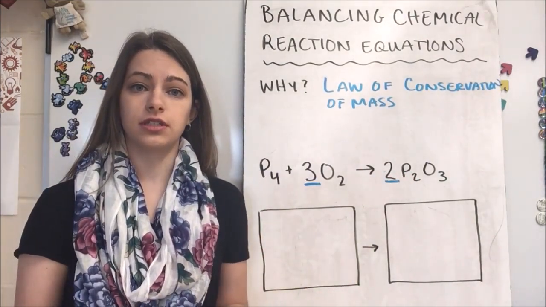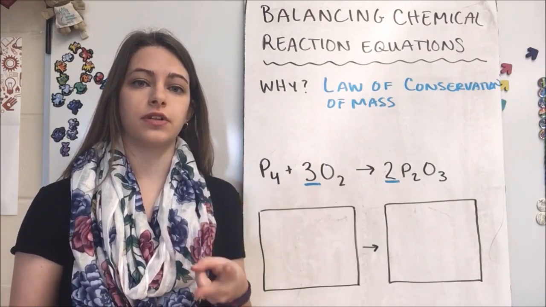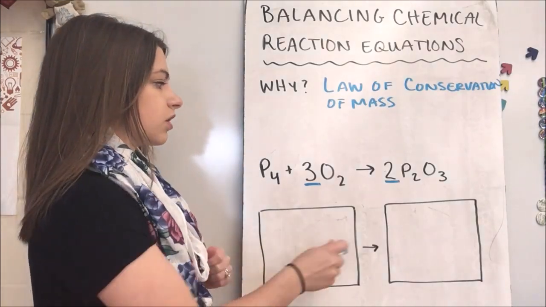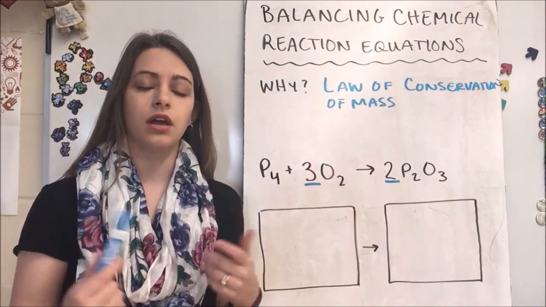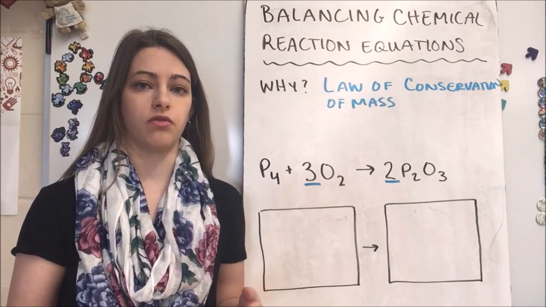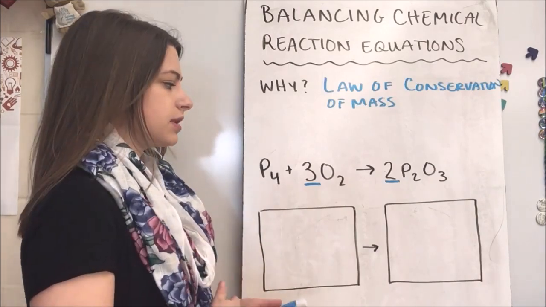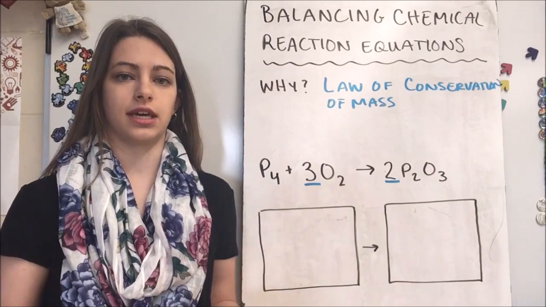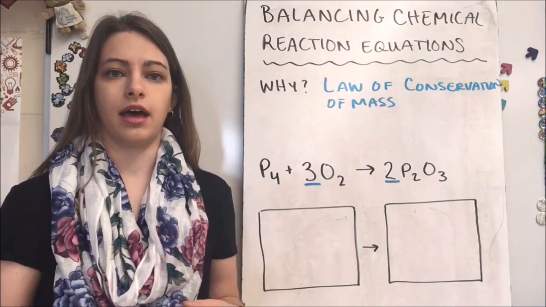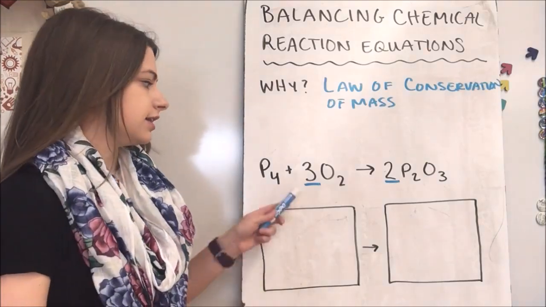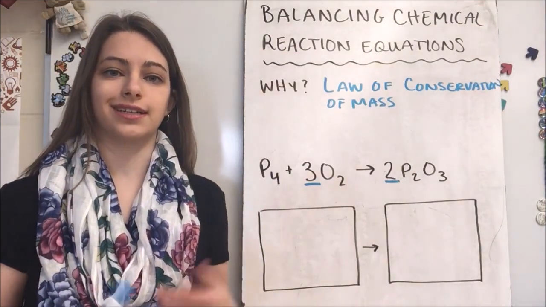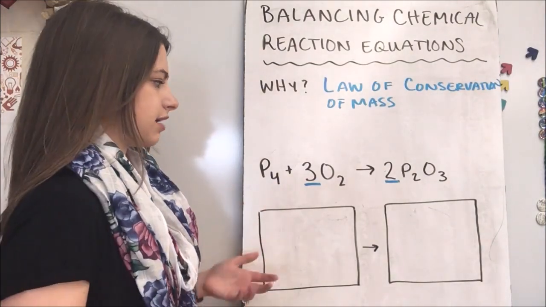What's new when we balance, and the only thing we're going to be changing, are these big numbers right here. Those are the coefficients. Our coefficients tell us two different things: the number of moles of each type of particle, and the number of particles. Since we're going to be drawing particle diagrams on a particle level scale, these coefficients tell us how many particles of each type.